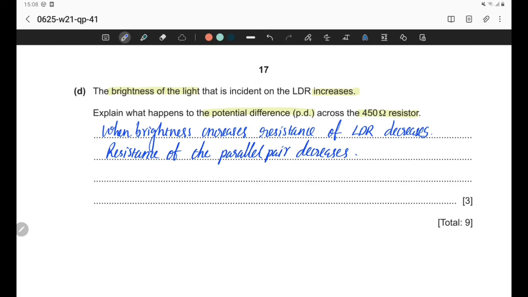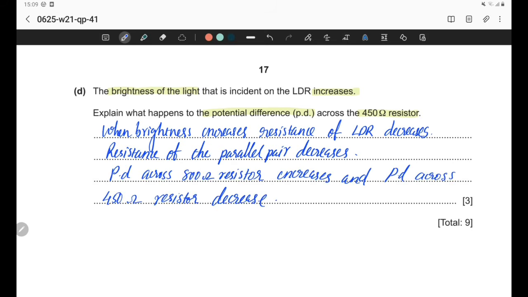When the resistance of the parallel pair decreases, the voltage drop across the parallel pair or 450 ohm resistor will reduce, and the voltage across 800 ohm will increase. So we can write that point next: the potential difference across 800 ohm increases and the potential difference across the 450 ohm resistor decreases. The 450 ohm resistor is nothing but the PD across the parallel combination decreases.